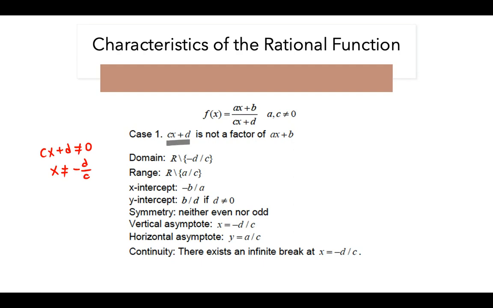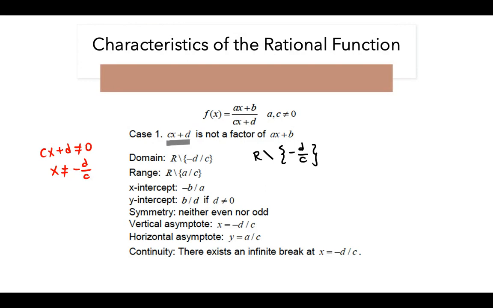Another way to write it: the domain, x can be any real number, but it cannot be equal to negative d over c. Range, same thing.